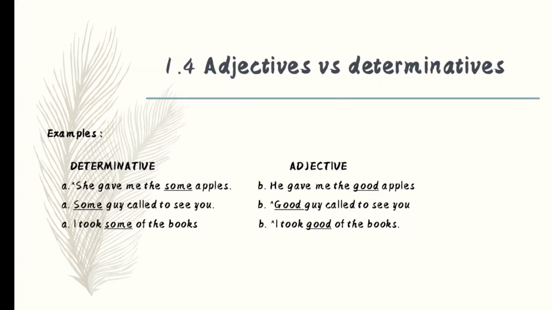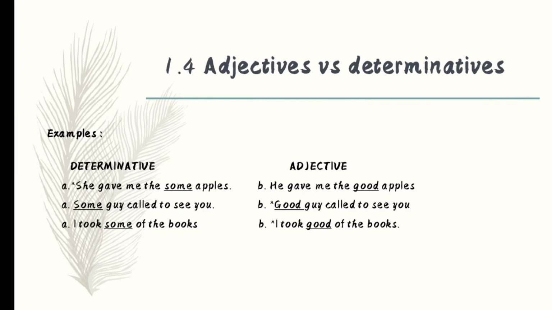The next material, adjective versus determinatives. For example, in determinative, "she gave me some apples." It is inadmissible because some cannot follow the. In adjective, "he gave me the good apples."